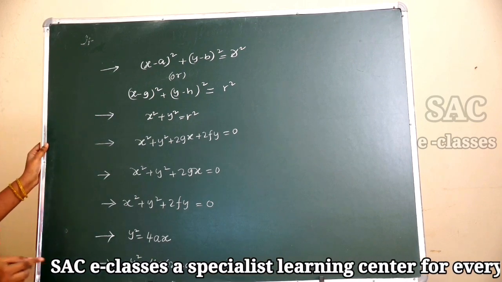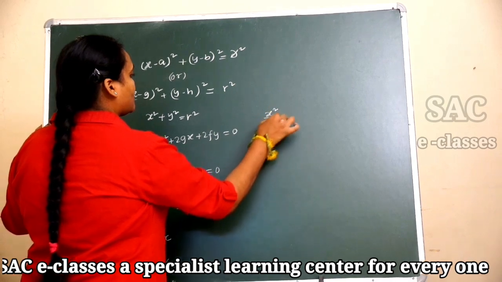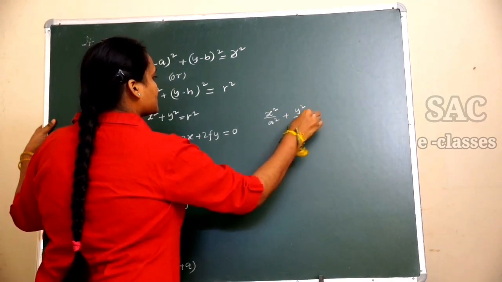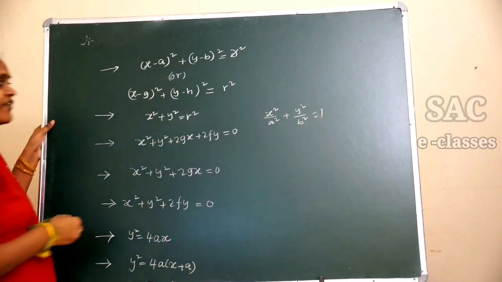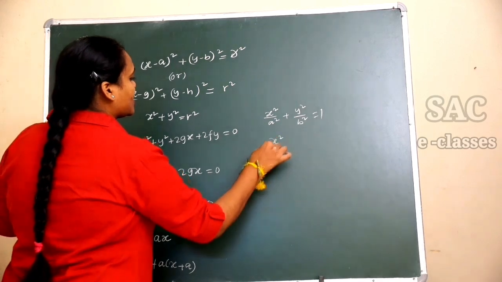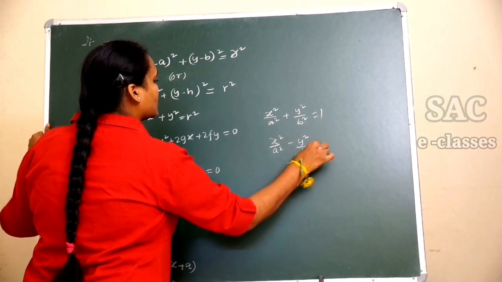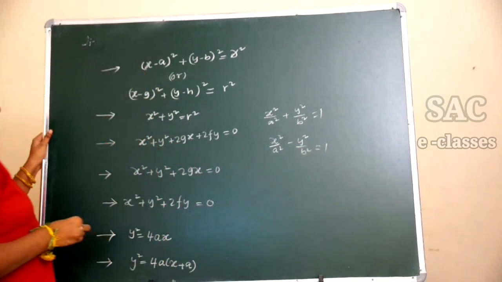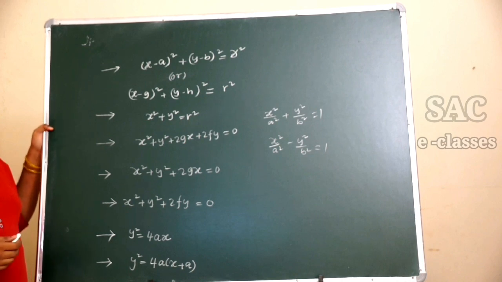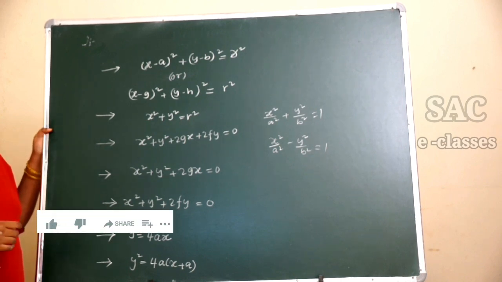The family of ellipses is x square by a square plus y square by b square equal to 1. And the family of hyperbolas is x square by a square minus y square by b square equal to 1. These are some general structures of the family of curves which help you a lot in cracking this kind of problem.